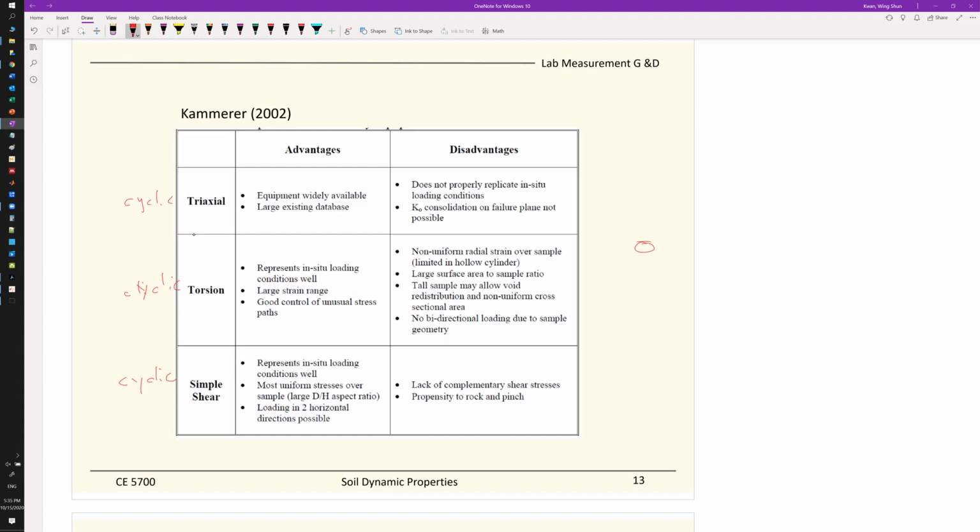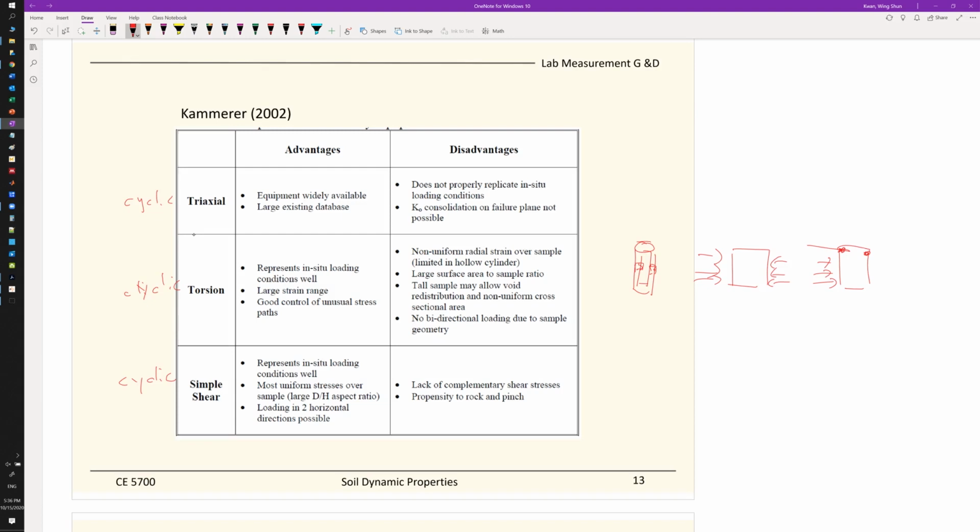you have a specimen right there, and you have a hollow specimen. If you just take a section of it, you have pressure both inside and outside, and the radius from this point to this point are different, and the same goes for the stress.